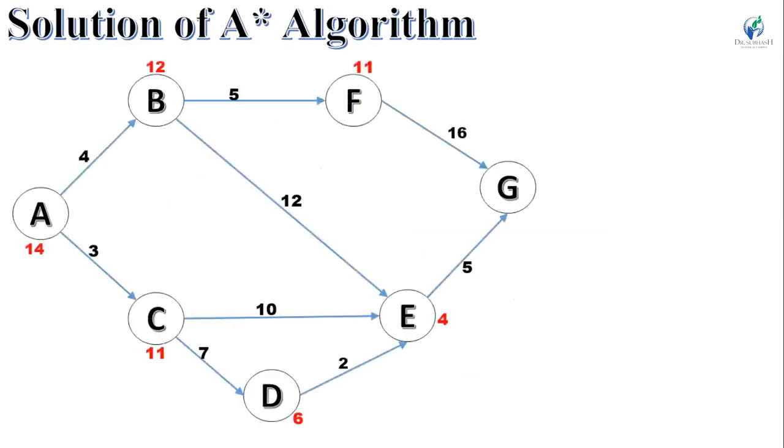Now we can start the solution of A star algorithm. We apply our equation f(n) = g(n) + h(n) to our start node A. Here we can see the heuristic value of A is 14 and the actual cost to reach node A is 0 because it is the start node. Applying these values in the equation, the cost of A is 14.